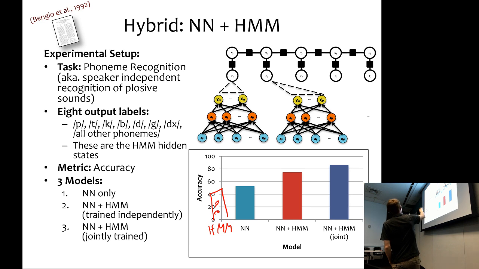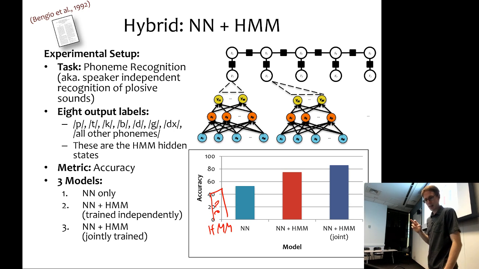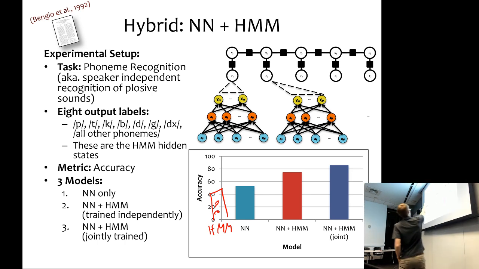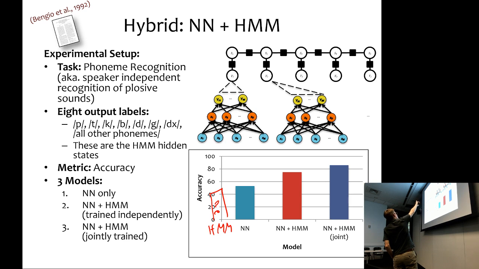The catch is that you would probably do really poorly, and the reason is that you would essentially need to align input frames to output frames. I actually forget now exactly how he was going about that, whether this Bengio paper was assuming that you knew the number of outputs a priori.